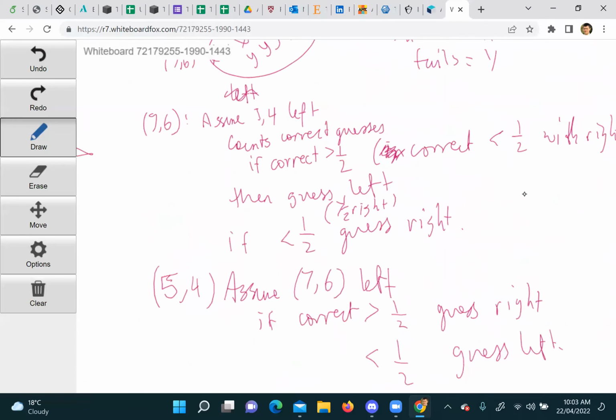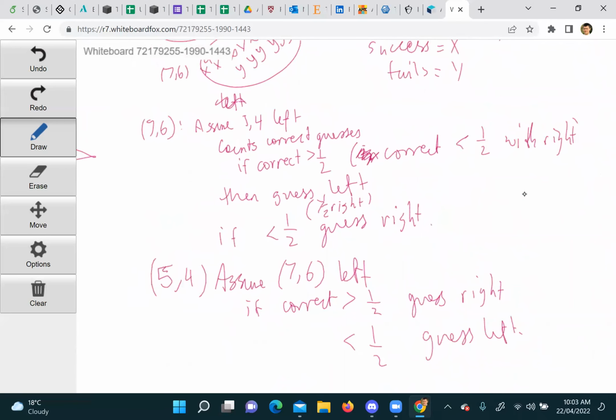Yeah, let me just try to figure that out again one time. So you know that 5-4, so 7-6 knows that the other people are doing something if they're good, right?